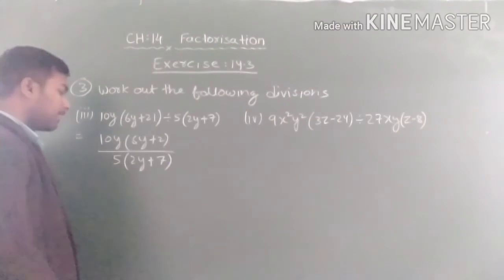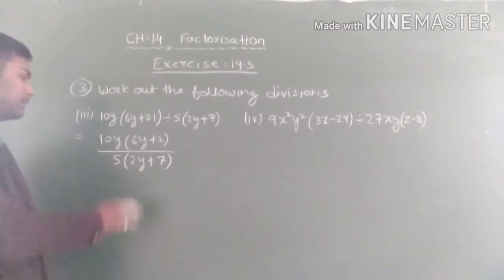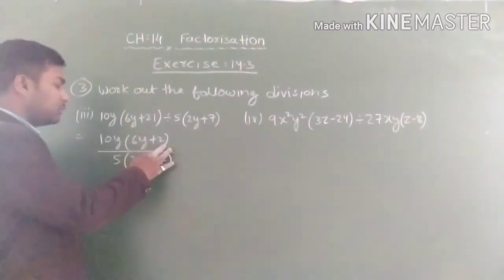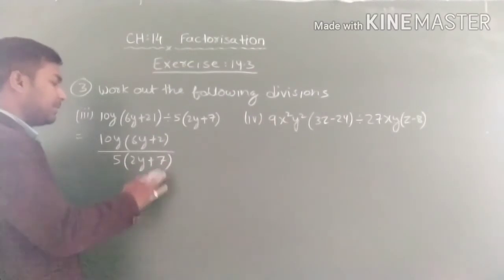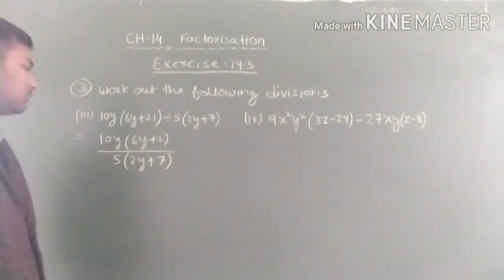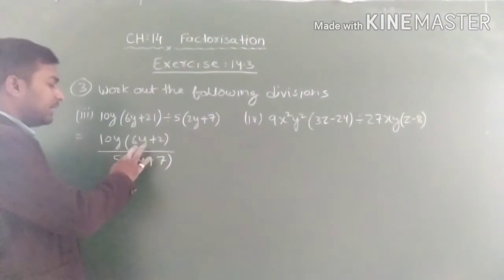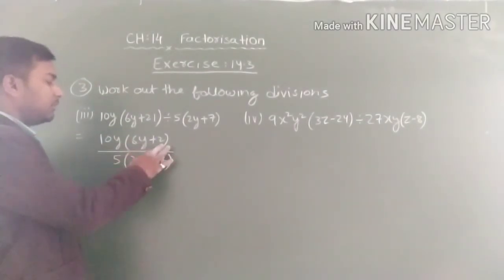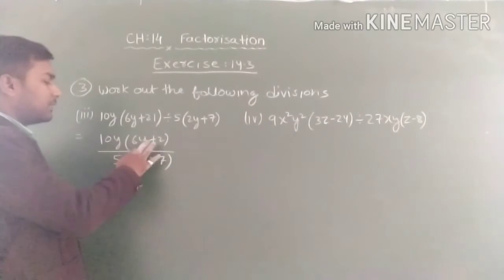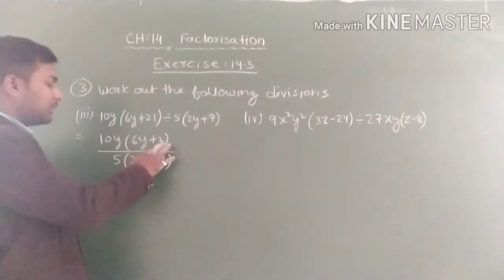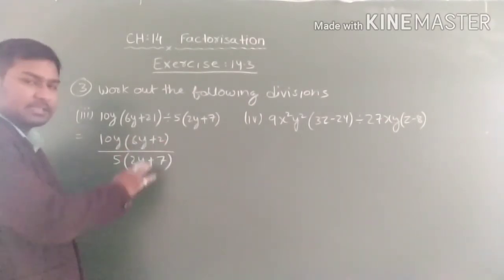Now it is given here 6y plus 2 and it is 2y plus 7. If we take common in these two terms, then 2 will be common. So what is there? 3y plus 1. So 3y plus 1 and 2y plus 7 will not be cancelled out.